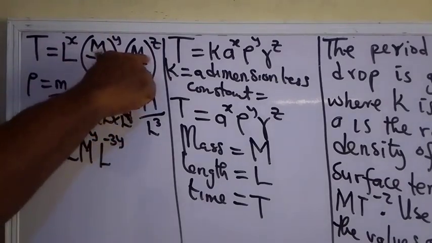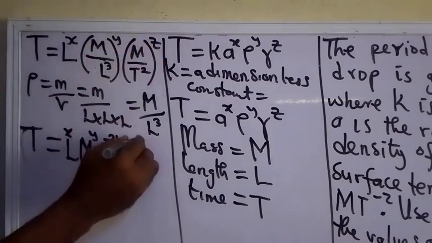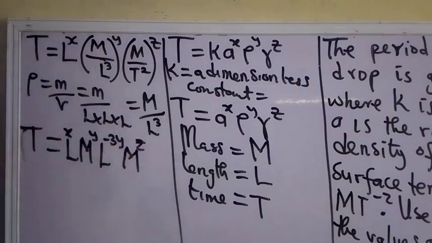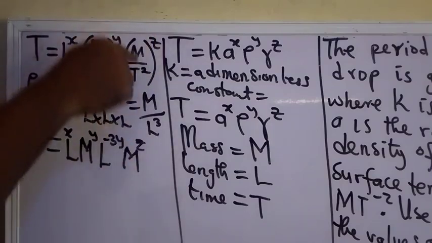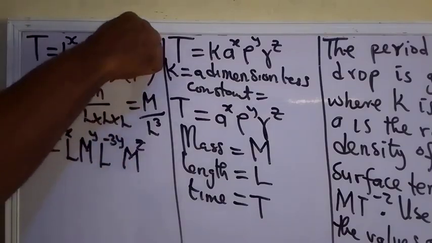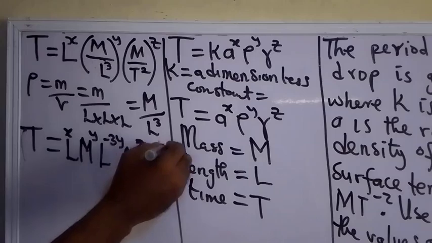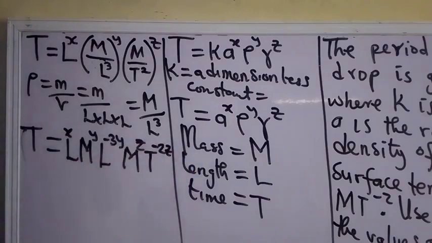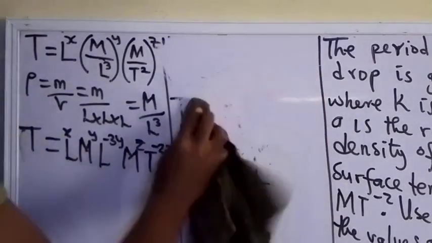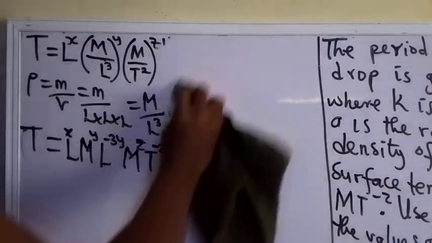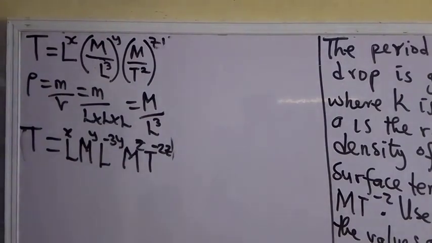Then for this, we have M raised to power z. Then T squared is in the denominator. When it comes up, you're going to go with minus. That will be T raised to power minus 2 multiplied by z. It's going to be T raised to power minus 2z. I hope it's clear what we are trying to achieve.